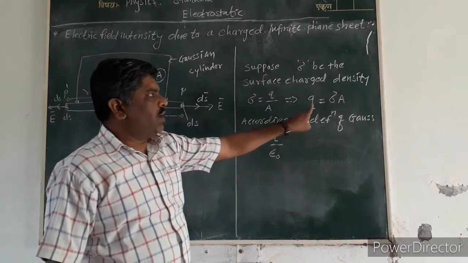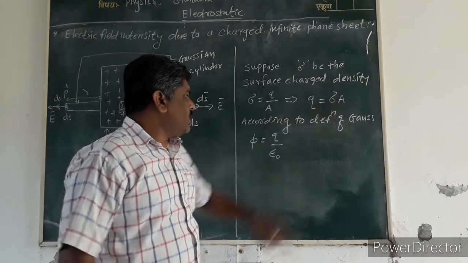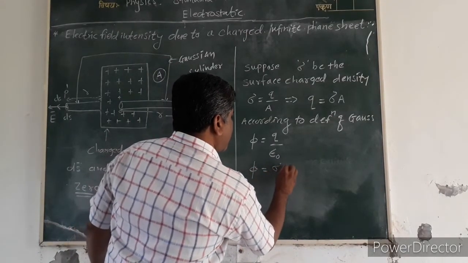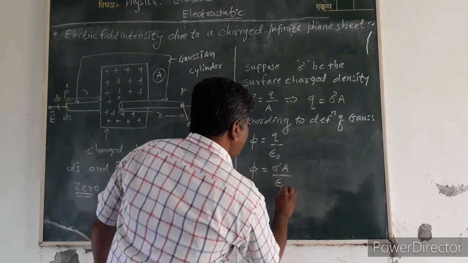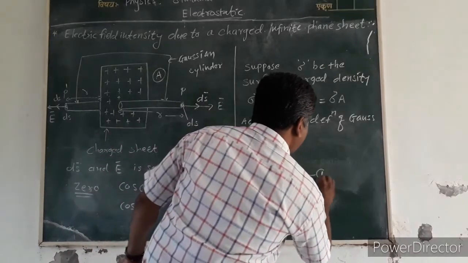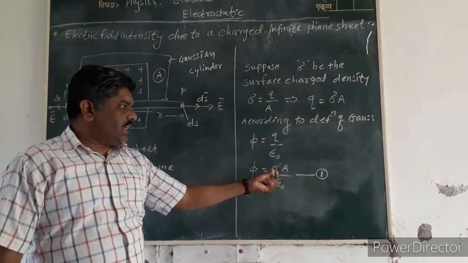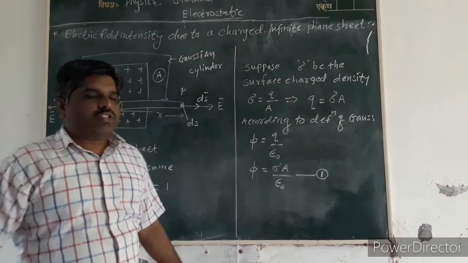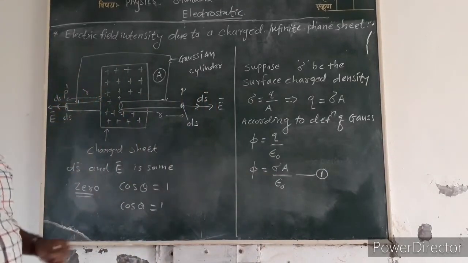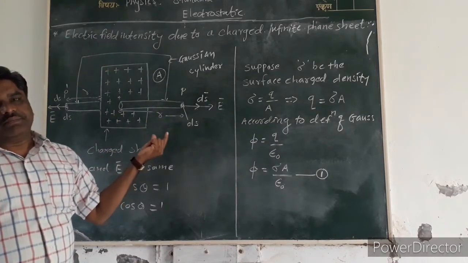We use value of Q as our value of charge, sigma into A. Therefore, phi is equal to sigma A divided by epsilon 0. Say equation number 1. The flux phi is equal to sigma A upon epsilon 0. This A is nothing but area of Gaussian surface, and this Gaussian surface is in the form of cylinder.